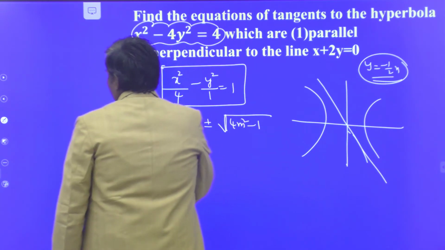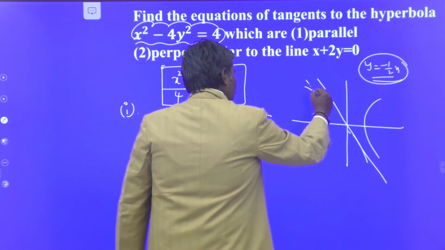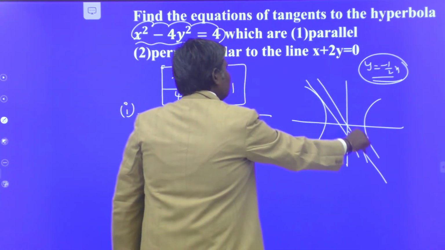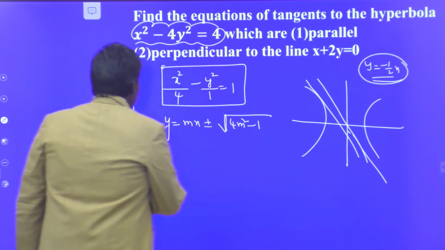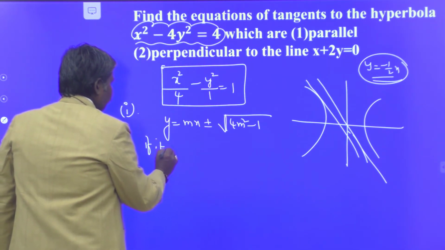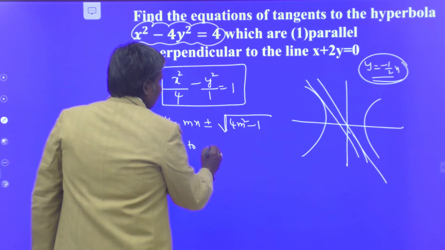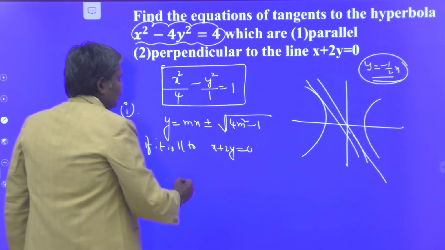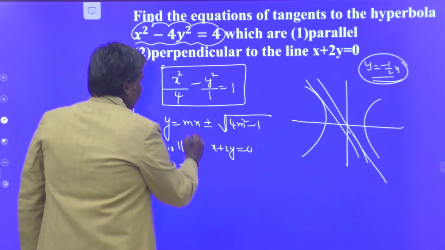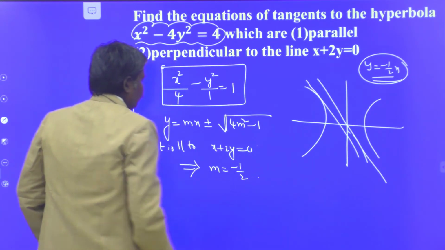We have to find the equation of tangent to my hyperbola which is parallel to the line y equals minus 1 by 2x. If it is parallel to x plus 2y equals 0, the slopes are equal. What is the slope here? m equals minus 1 by 2.